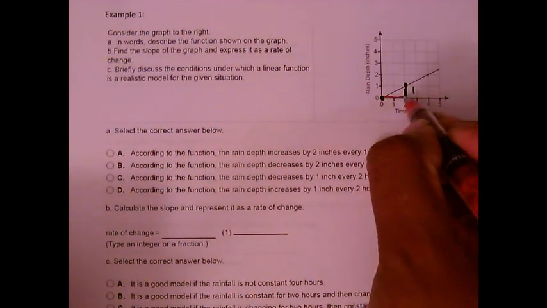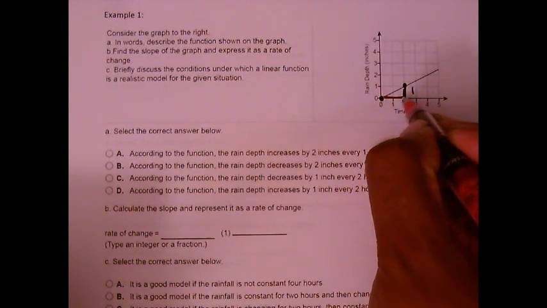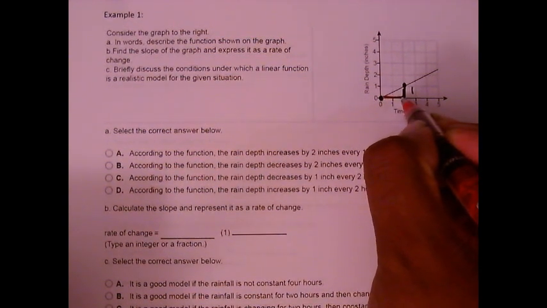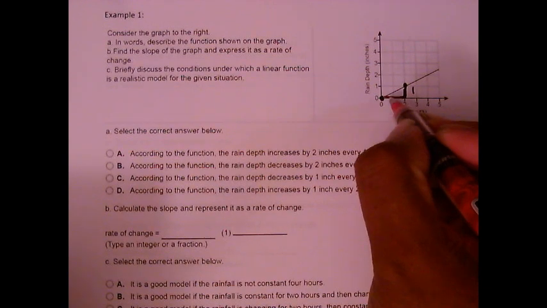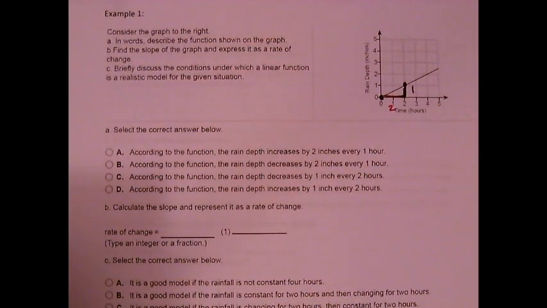And then the change in the independent variable from that point to here, that distance there is 2.